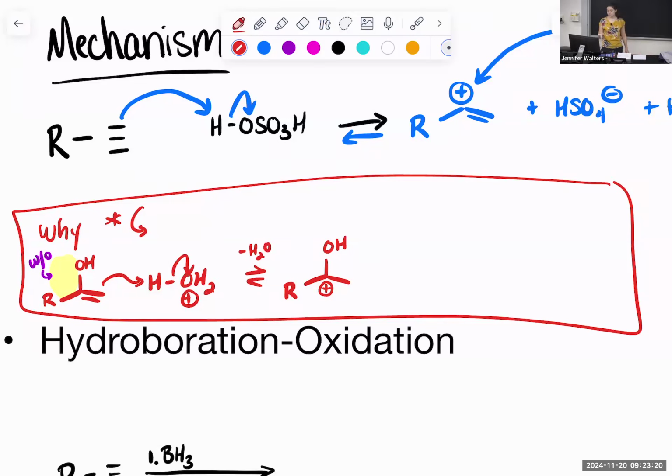We get here, right? We would get that carbocation that is right next to that alcohol. That carbon does not have a full octet. So that is not the major resonance contributor. That is not the most stable form for that structure. The most stable resonance form is where that lone pair came down.